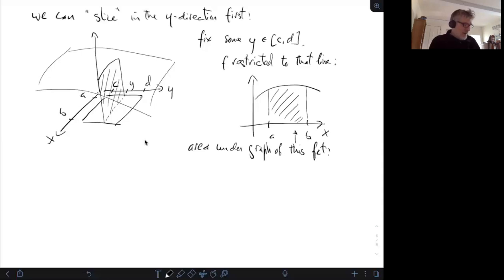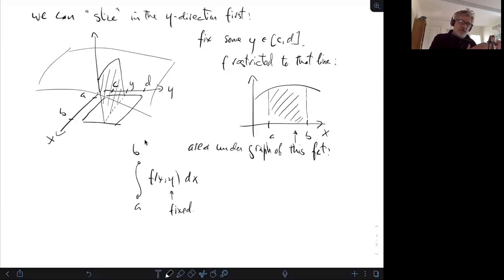I am going to integrate from a to b the restricted function, so it's just f of x, y, but this time y is fixed. You choose some value of y, you fix it, it's a constant, you get a function of x, and you can integrate this function. Now you can do this for any possible choice of y between c and d. You will get different areas.